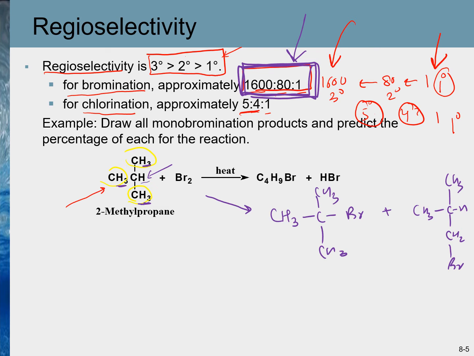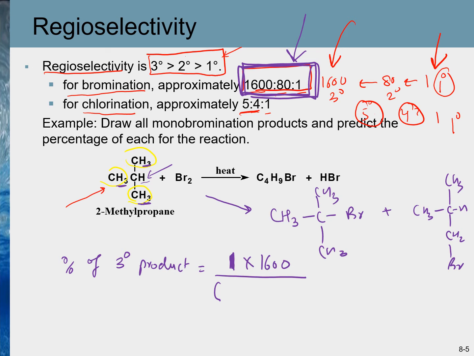So if we calculate the percentage, the percentage of tertiary product will be equal to 1 times 1600. That's because we have only one tertiary and the preference is 1600 times for tertiary, divided by the total number of hydrogens and total preferences.